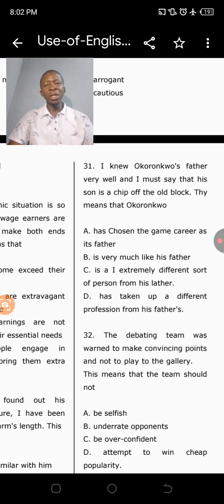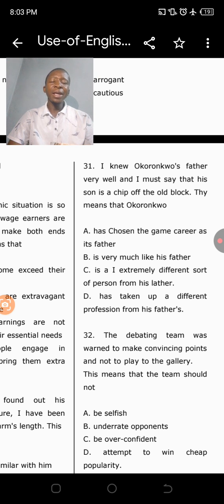This means that Okonkwo: A. has chosen the same career as his father, B. is very much like his father, C. is probably an extremely different sort of a person from his father, and D. has taken up a different profession from his father's.